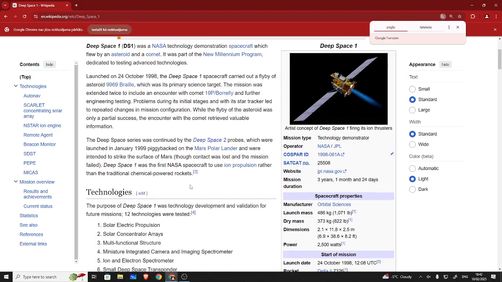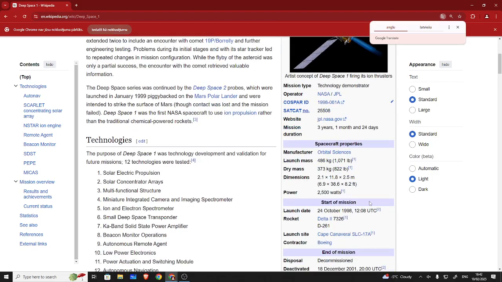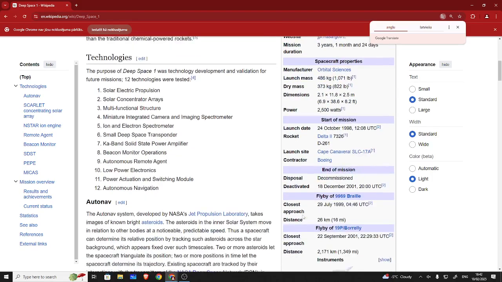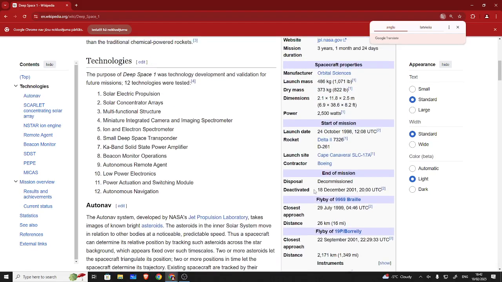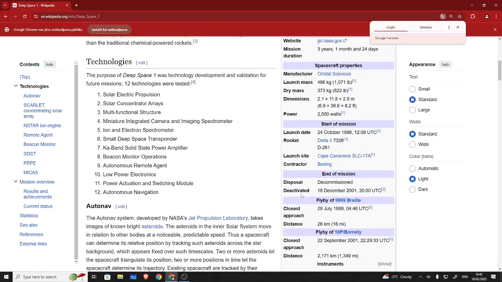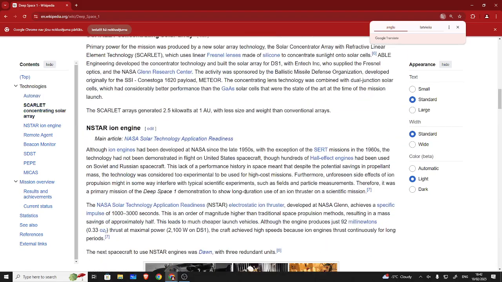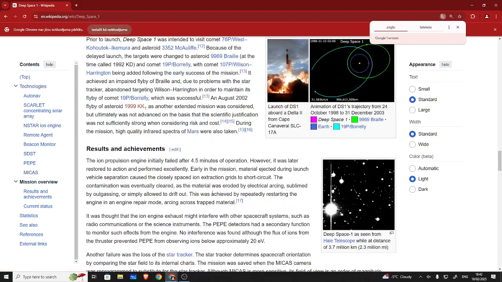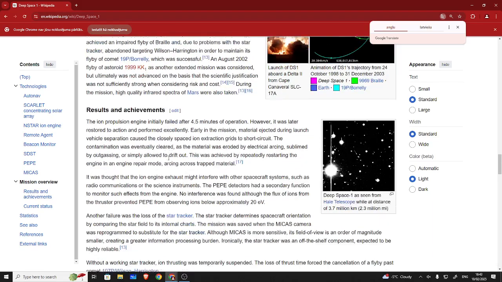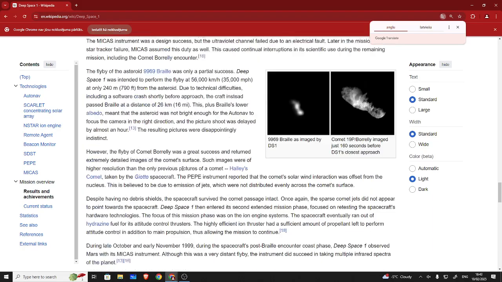Deep Space One was kind of cool, pretty small. It's still around? No, you said 3 years and something. Well, deactivated, but how was it deactivated? Let me see. Mission overview, results. They got by Mars, of course. Current status. Yeah, current status. What is it?